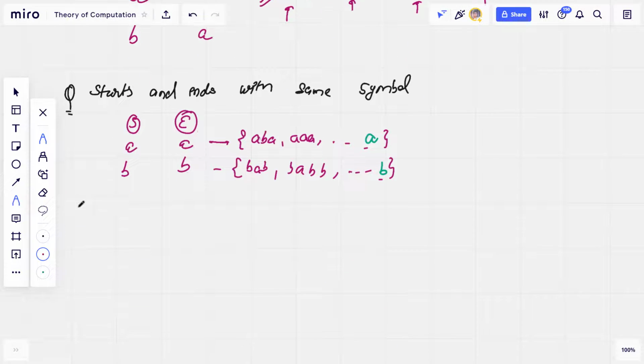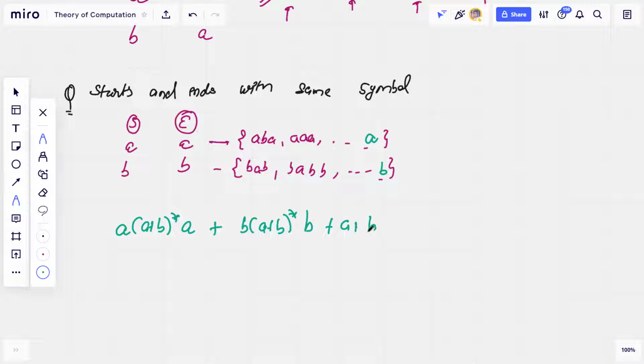So let's write the regular expression for these two languages. Let me write first the set of all strings which start with and end with A. It will be A followed by any number of times A or B, and at last there should be A, or B followed by any number of times A or B, and then B. But if you look at it, they don't cover the single A and B, so you have to write them explicitly.